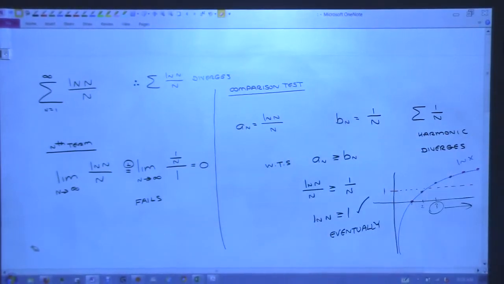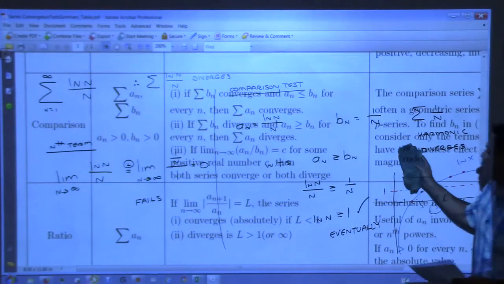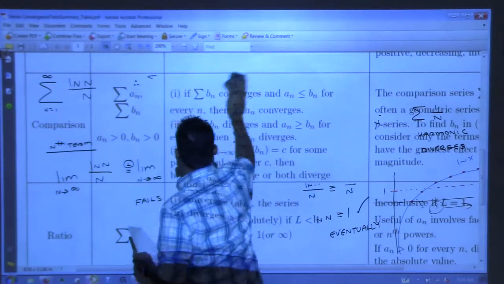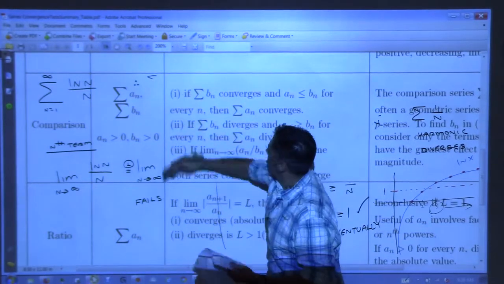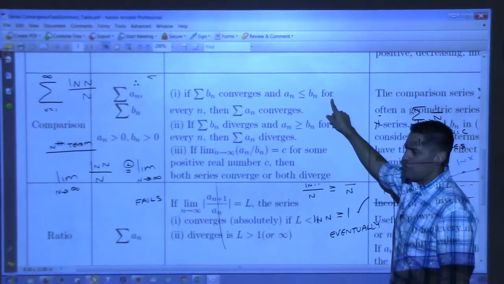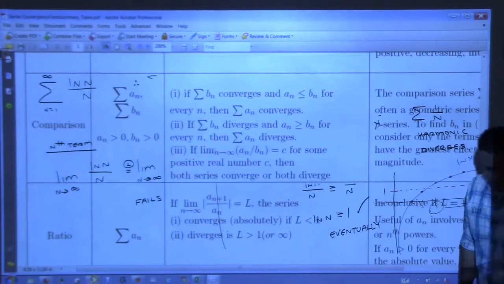Are you talking about on the formula sheet? Yeah, let's take a look at this. I'll erase this here. Do you see where it says for every n here? That for every n can be changed to eventually, and that one too.